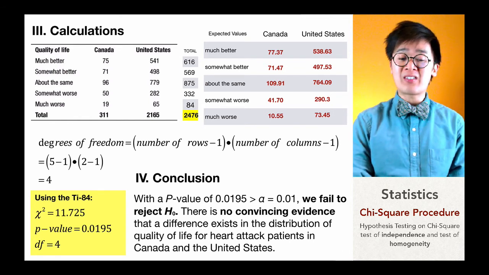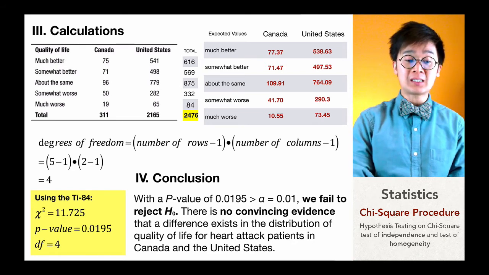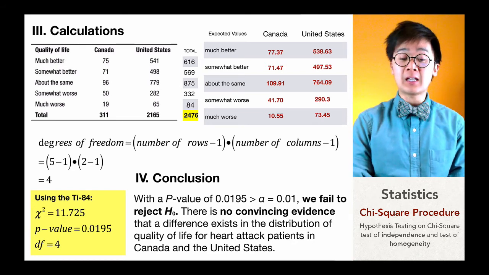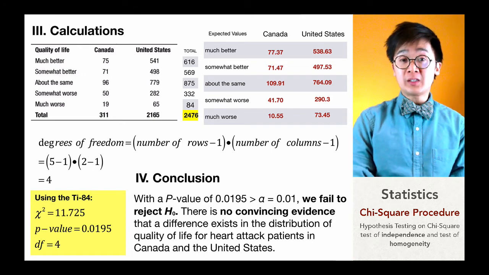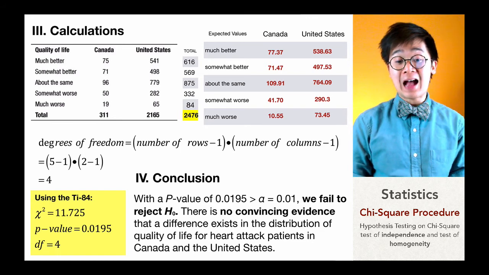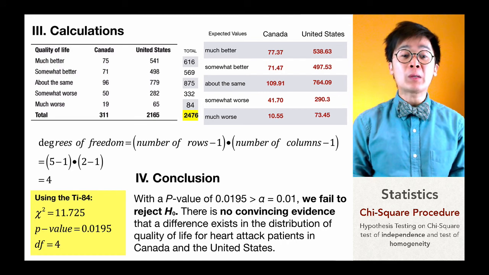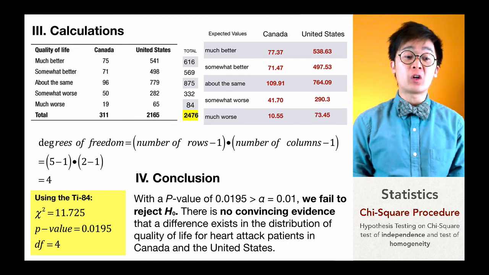So our conclusion is that there is no convincing evidence that a difference exists in the distribution of quality of life for heart attack patients in Canada and the United States. So at 1%, we fail to reject the null hypothesis, but at 5%, we can reject the null hypothesis, but since the problem is giving us 1% alpha, we're going to not reject the null hypothesis. So this is how we perform the chi-square test for homogeneity, which is the same as test for independence.